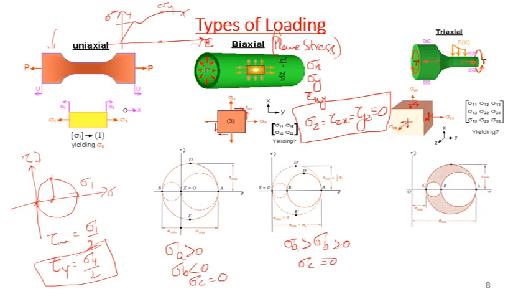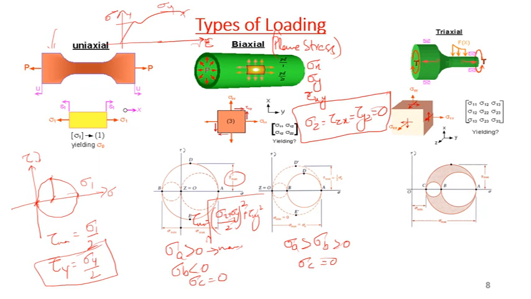Now, if you look at this first case, the maximum shear stress is the radius of this circle AB, and in that case tau max is simply the square root of (sigma x plus sigma y by 2) square plus tau xy square. Now, if you relate the relationship, sigma A is my maximum stress.